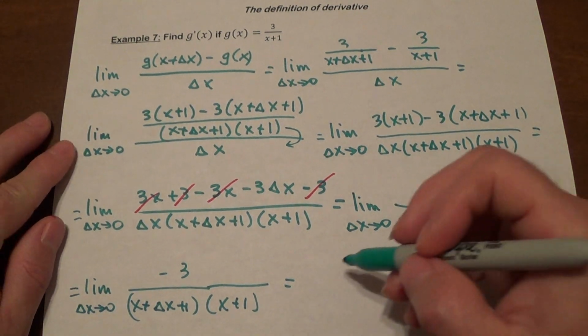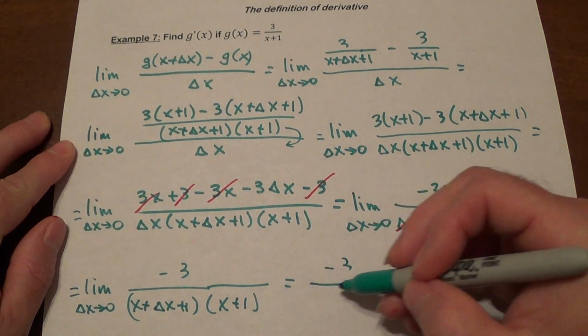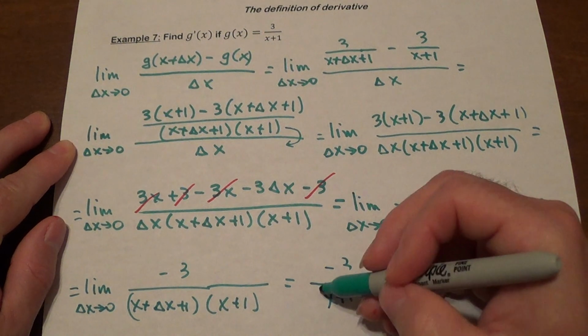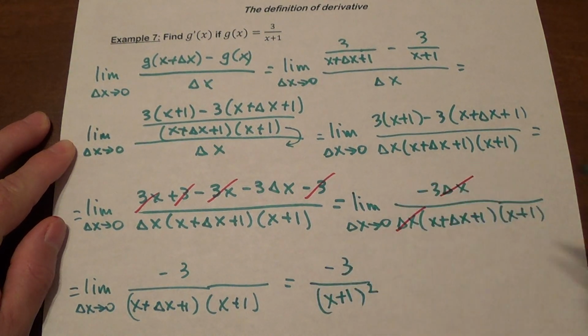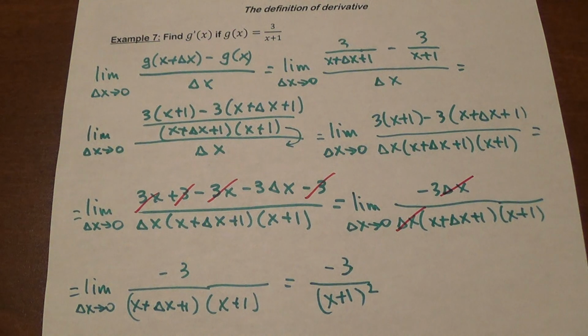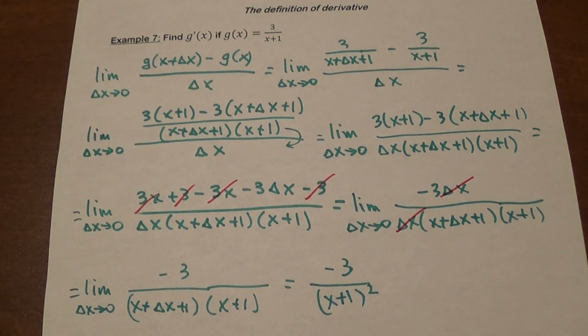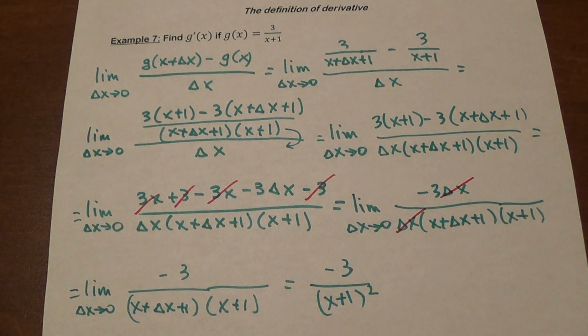And what you are going to have is negative 3 divided by x plus 1 squared, which is the expression for the derivative of that function. And again, just like with the previous problem, if you want to evaluate this derivative at any particular x value, just substitute that x value into this derivative and you get your value. Okay? I hope this helps.